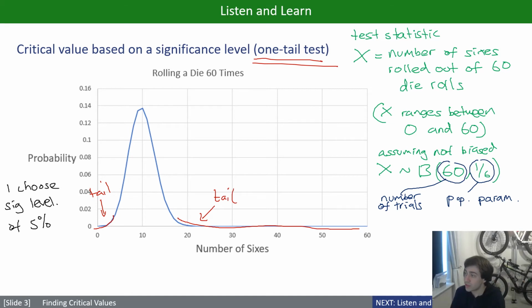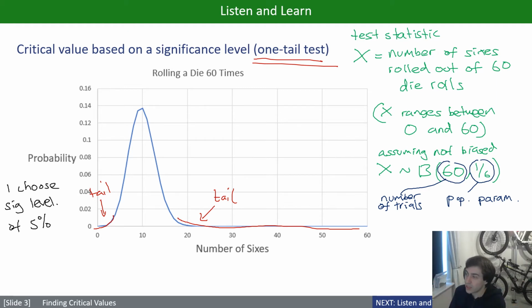In terms of our example, what that means is 10 is a really likely, reasonable answer to how many 6s I roll. If I roll 20, that's pretty unlikely. However, if I roll just 1 out of 60, that's also really unlikely. So there are two different tails.